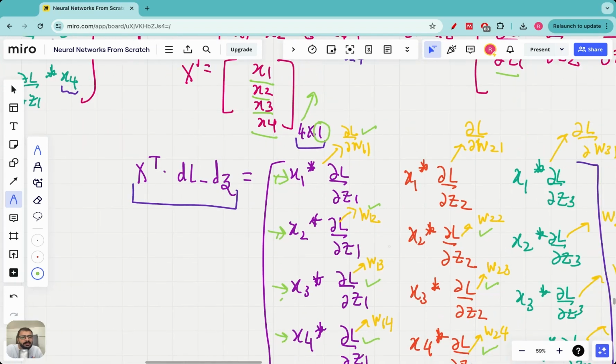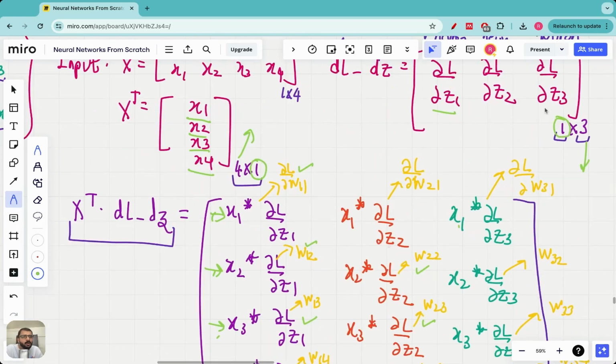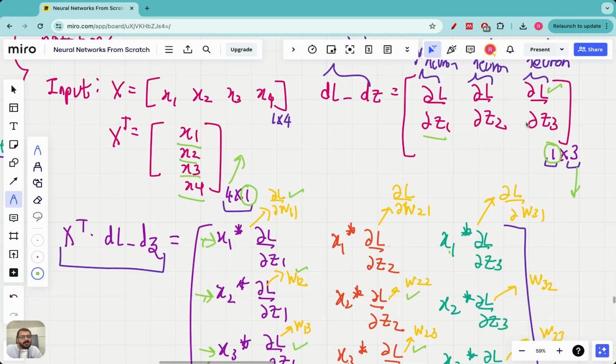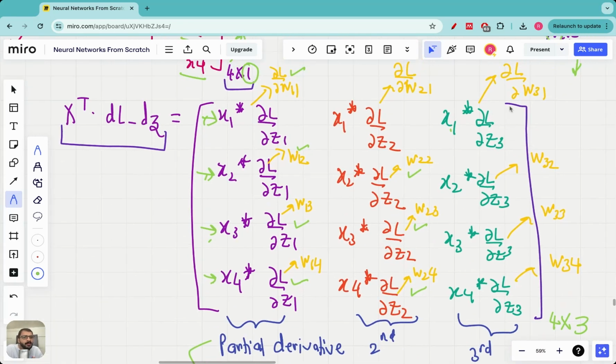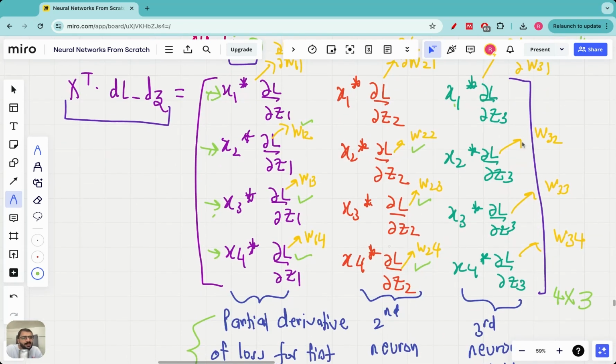And now finally, let's look at the third column. Again, x1, x2, x3, x4 stay the same, but we multiply by the third column of this, which is partial derivative of L with respect to z3. So then the first entry is partial derivative of L with respect to W31. The second is partial derivative of L with respect to W32.